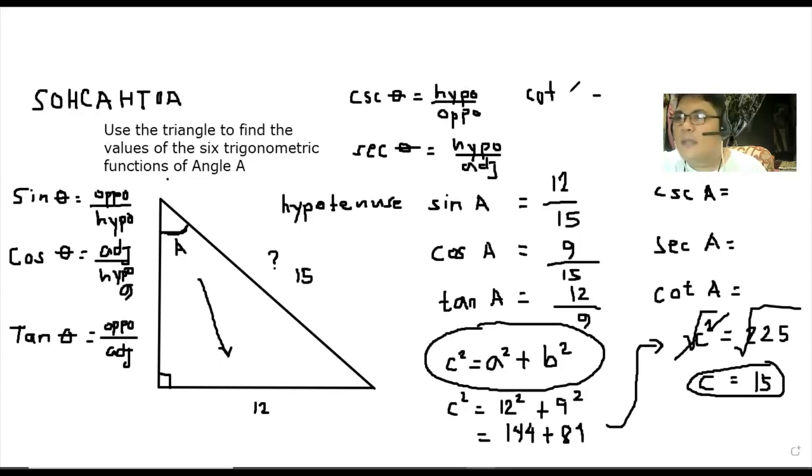Cotangent theta po is inverse lang po ng tangent, so that is adjacent over the opposite side. Yan lang po siya.